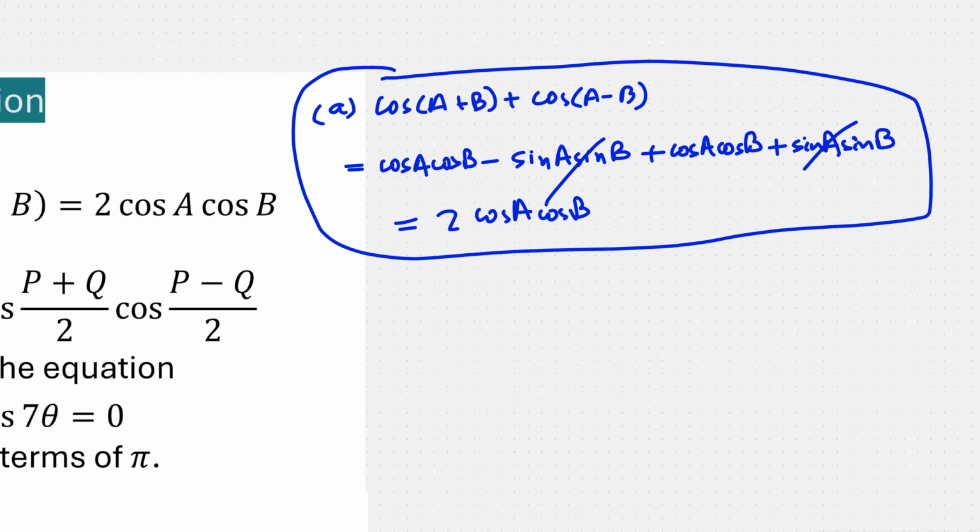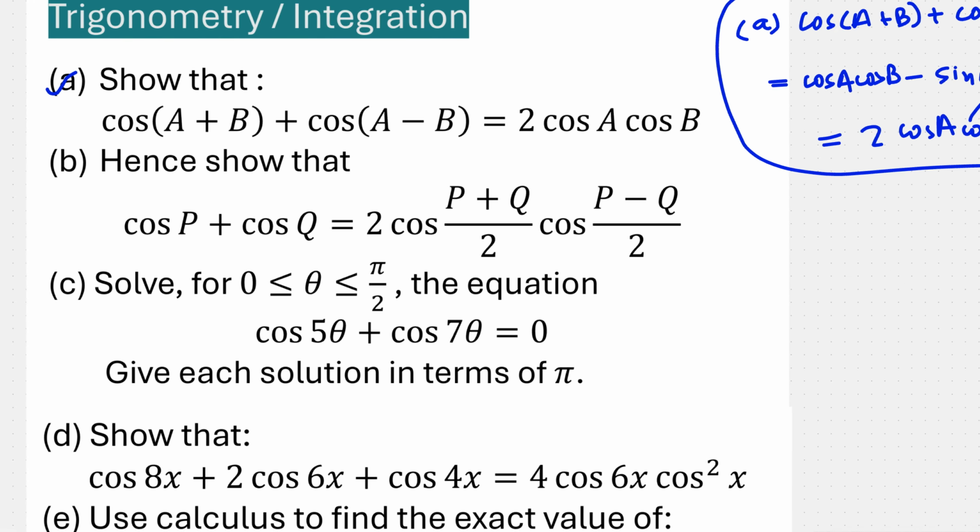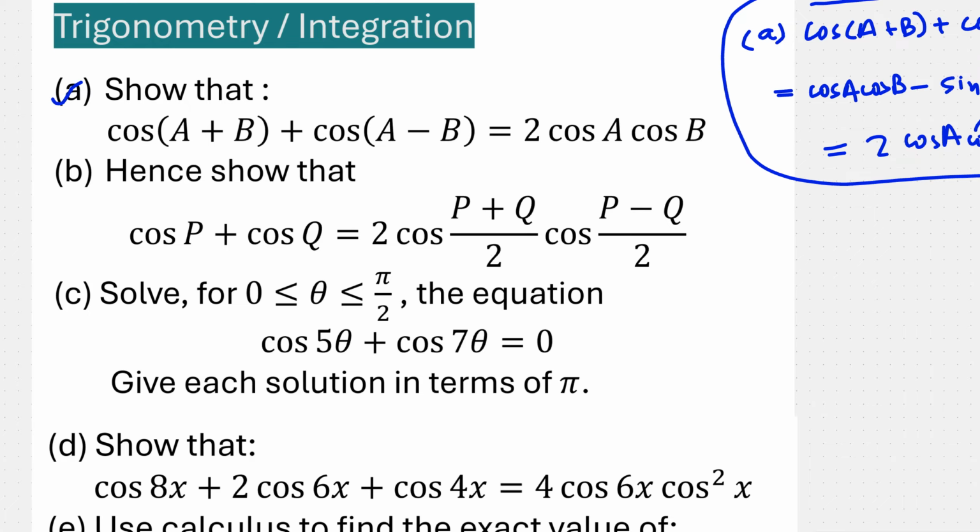So that's part A done. We have to move on to part B. Part B is saying, hence show that cos P + cos Q equals 2 cos((P+Q)/2) cos((P−Q)/2).